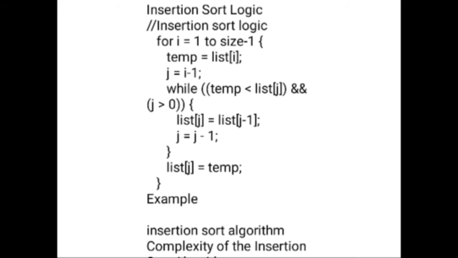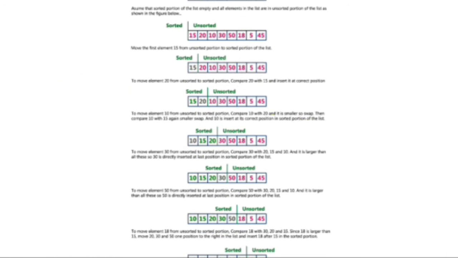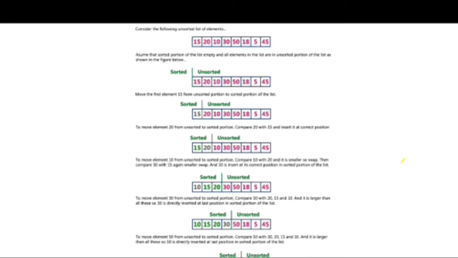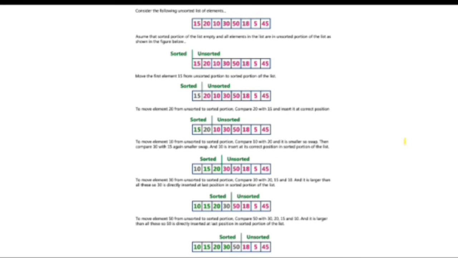Let us take an example to sort using the insertion sort algorithm. I am taking a random example with the elements 15, 20, 10, 30, 50, 18, 5 and 45. Here the first element, 15, is always sorted.